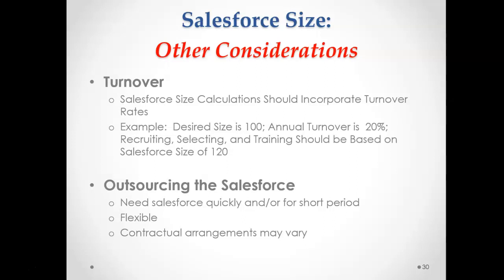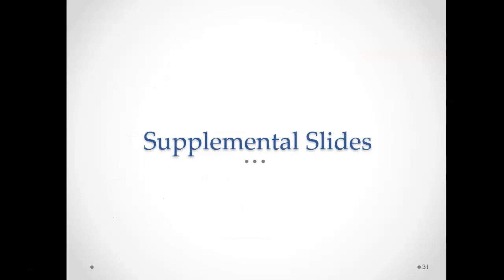Does that make sense for your company? If it's a smaller company, maybe it does. If you just need to ramp up for a short period of time, maybe that does. That's just another consideration. Again, here you have the supplemental slides. So that is it for Salesforce organization and sales deployment.